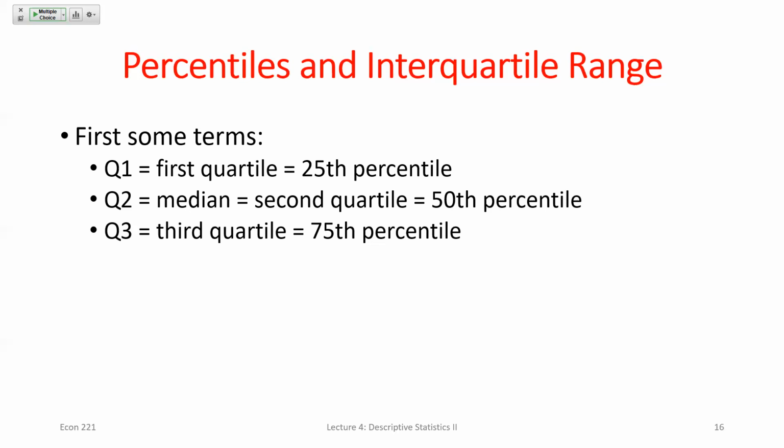Now that second quartile, that 50th percentile, think about what the 50th percentile is. It's the value that's greater than 50% of the other observations, but also less than 50% of the other observations. That was the definition of our median. So the second quartile, or the median, is really telling you the 50th percentile.